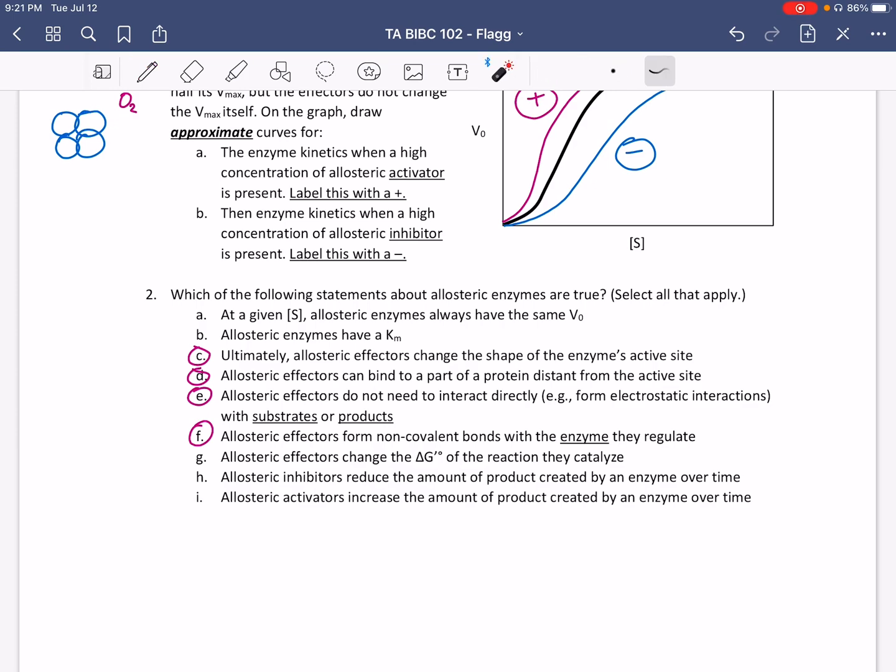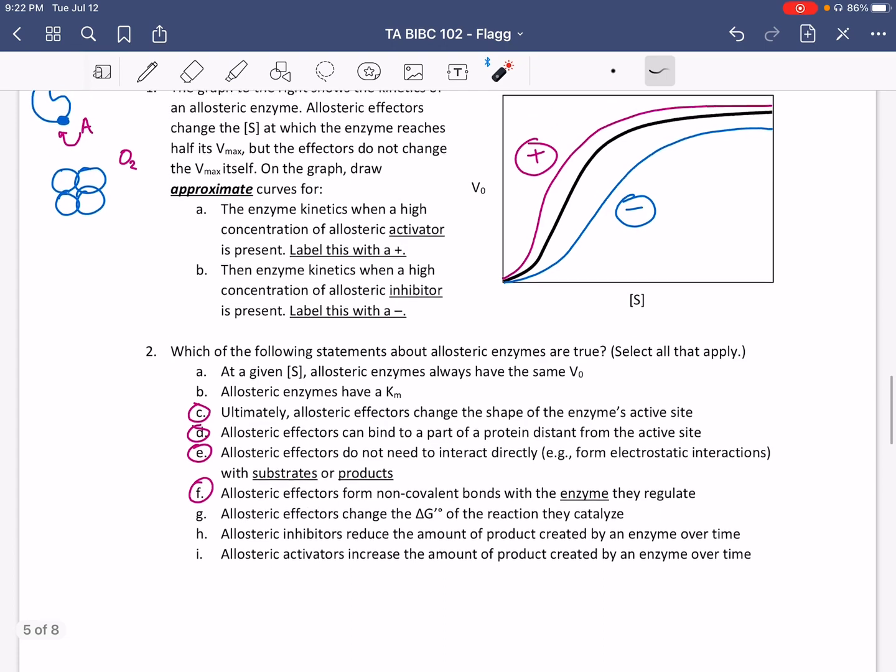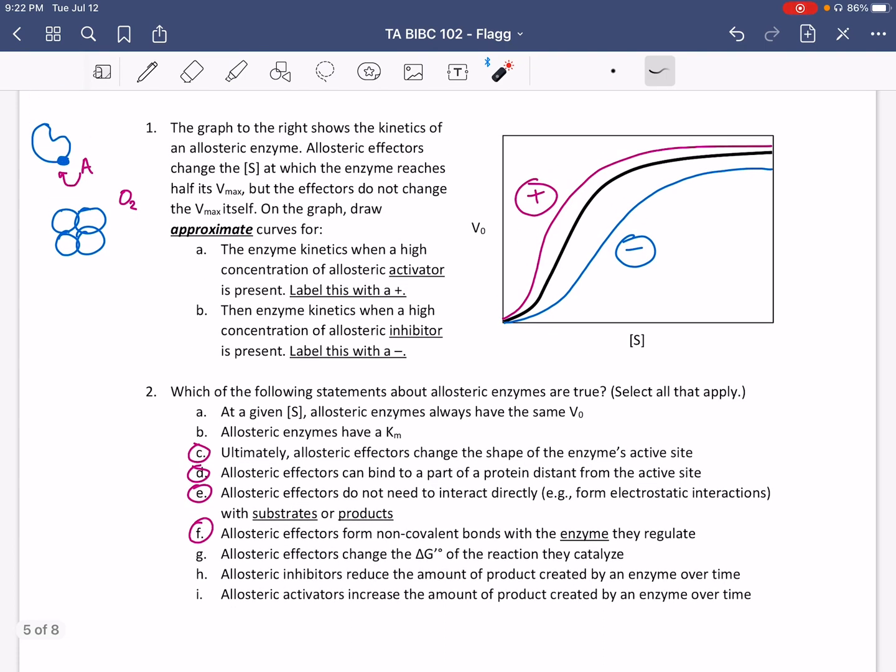Okay, let's take a look at G. Allosteric effectors change the delta G double knot of the reaction they catalyze. And this is not true because the allosteric effectors will only affect the affinity of the active site to the substrate because they will physically change the active site, allowing for the rate of the reaction to be changed, but not the extent of the reaction.